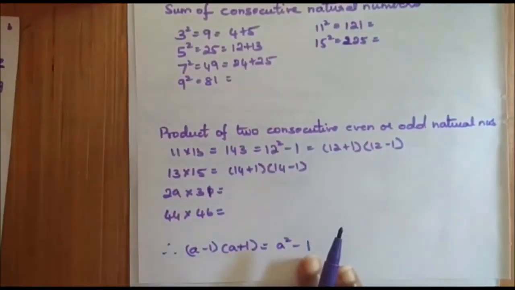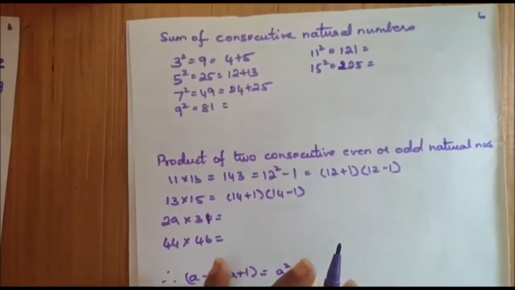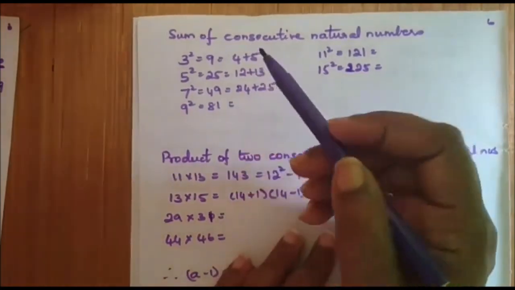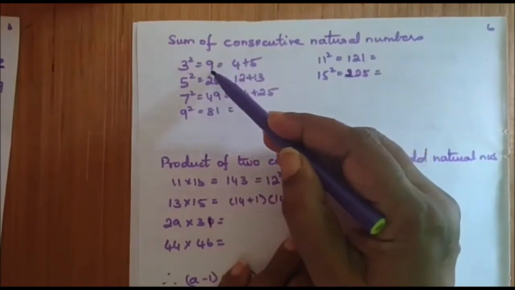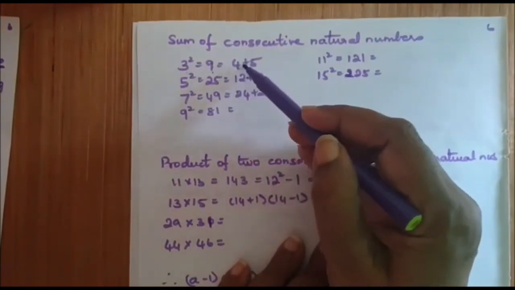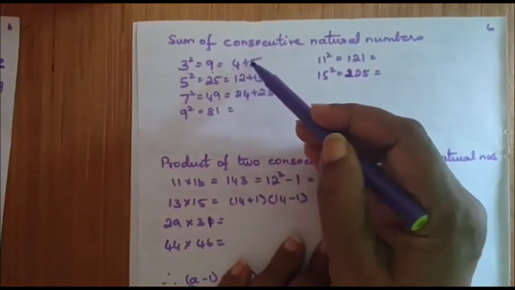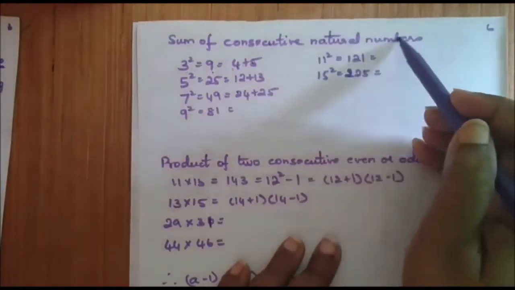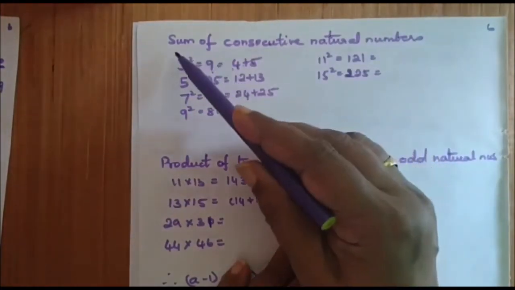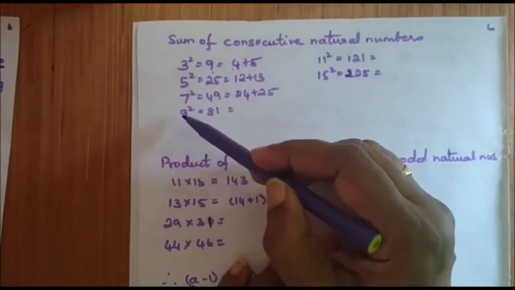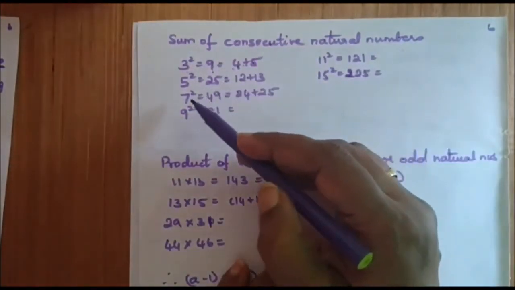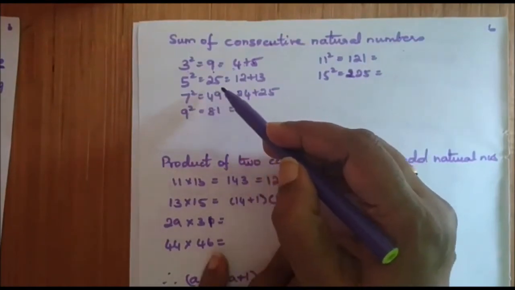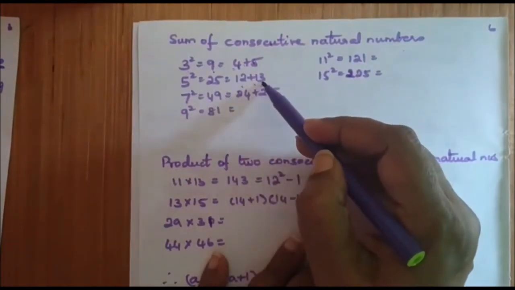Okay, now we'll go to the next topic. These are also some patterns of square numbers. Now how do I represent 3 squared as 9? 9 can be written as the sum of 4 plus 5. 4 and 5 are consecutive natural numbers. So we can express square numbers as the sum of consecutive natural numbers. 5 squared can be written as 12 plus 13.